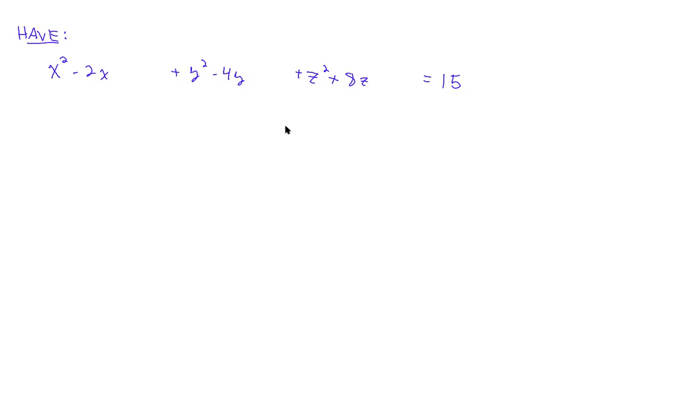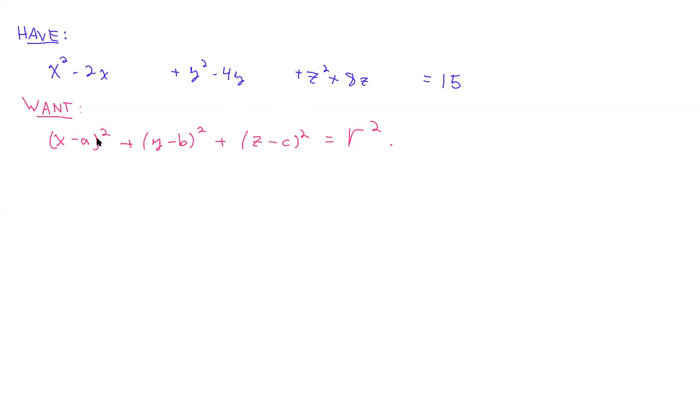What we want is for this to look like x minus a squared plus y minus b squared plus z minus c squared equals r squared. And I don't know what a, b, c, and r are, but we're going to find out.